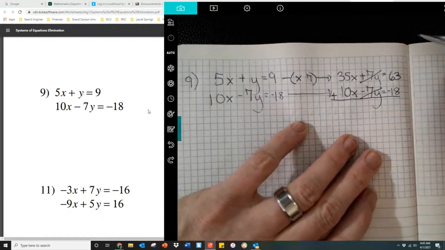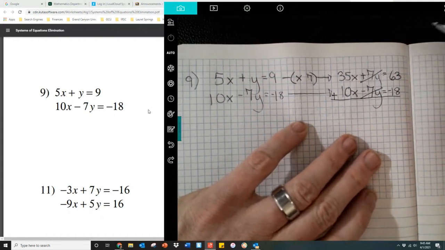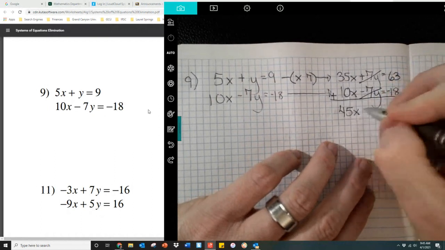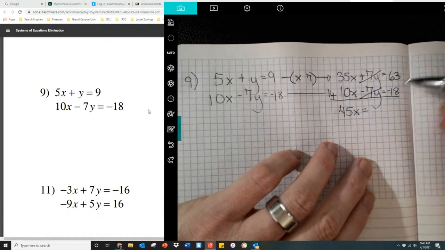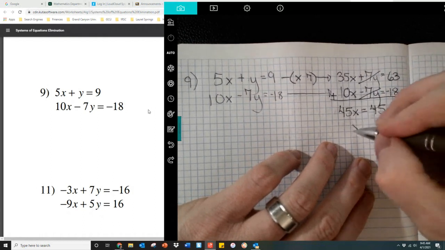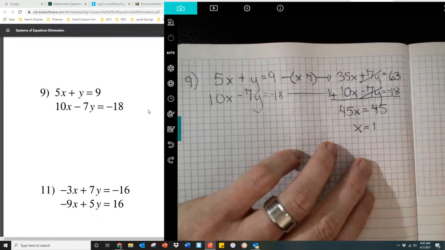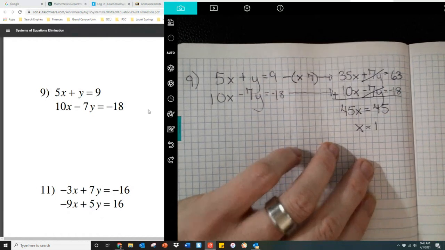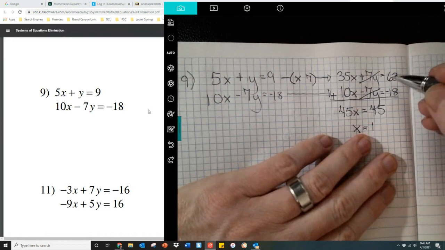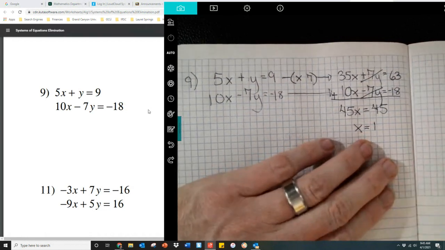That's the whole point of why we call it the elimination method. Now, I add these together, and then add these together, and then get x equals 1. All right. Let me make sure I did that. So that's 5. Yeah, that's 4. Yep.